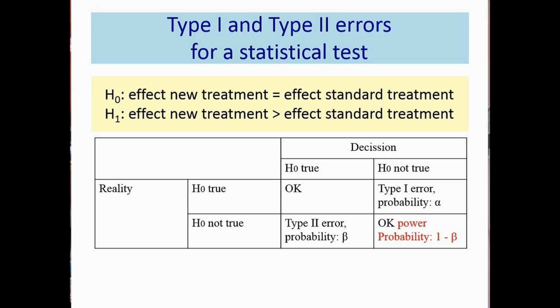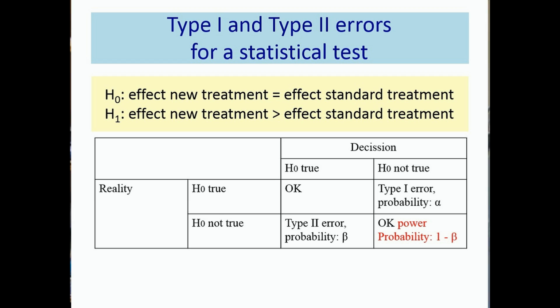If, on the other hand, the null hypothesis is not true, the new treatment is really better than the standard treatment, we long to reject the null hypothesis. If we fail to reject it, we will make an error, a so-called type 2 error. The probability of making a type 2 error is called beta. The most important cell in this table, deciding correctly that the null hypothesis is not true, has a probability 1 minus beta, which is called the power.